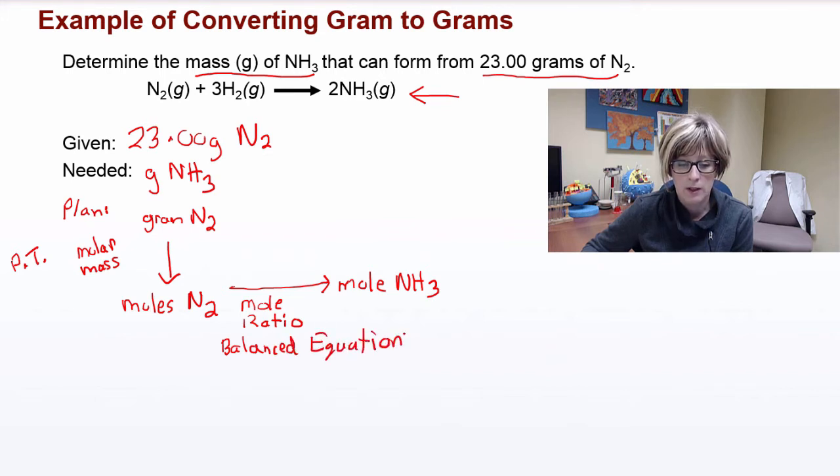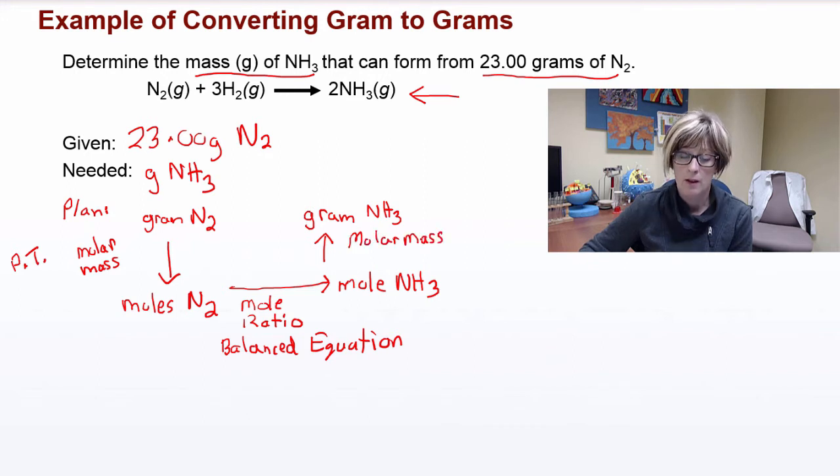And then once we have the moles of the ammonia, we can convert that back to the grams of ammonia, because the question doesn't ask us just for the moles, it asks us for the grams. And to do that conversion, we're going to use the molar mass again. So that's going to be 3 steps: step 1, step 2, and step 3.